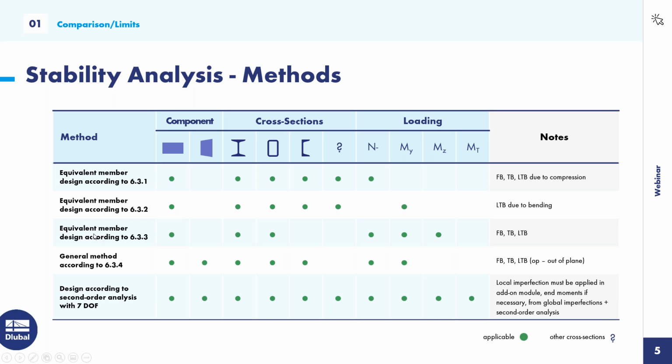Third line, equivalent member design according to 6.3.3, uniform members in bending and axial compression. Also here, the component must be uniform and it's valid for all double symmetric sections. The loads can be compression and bending about the principal and weak axis.